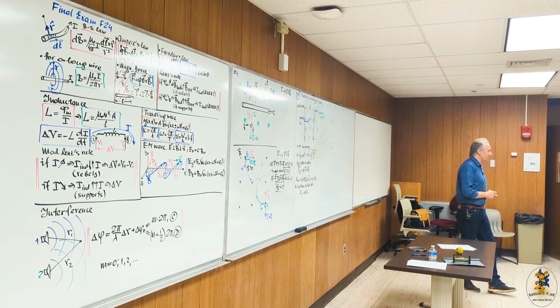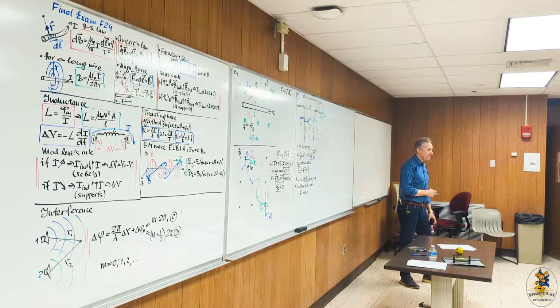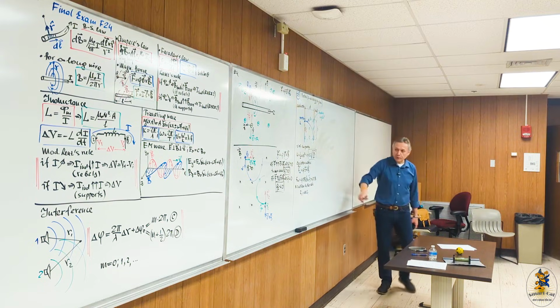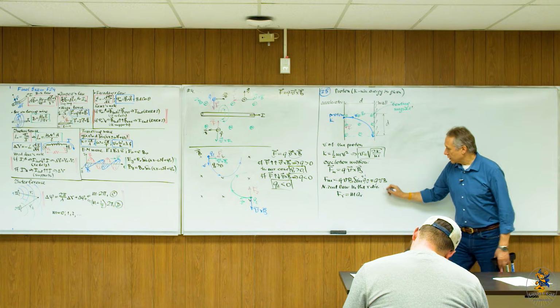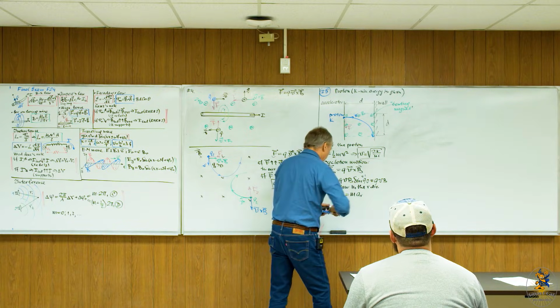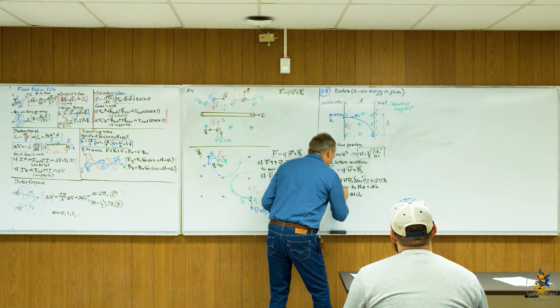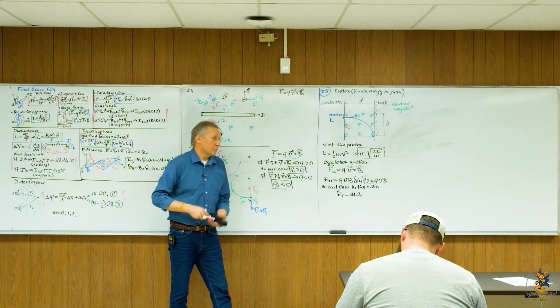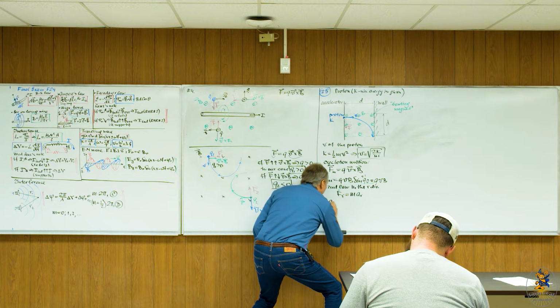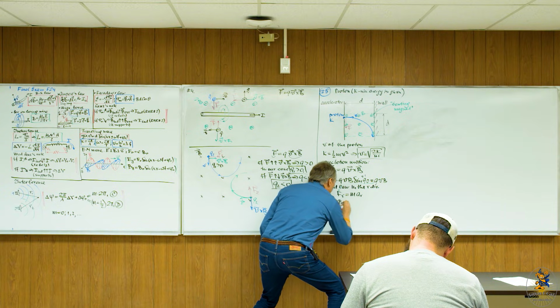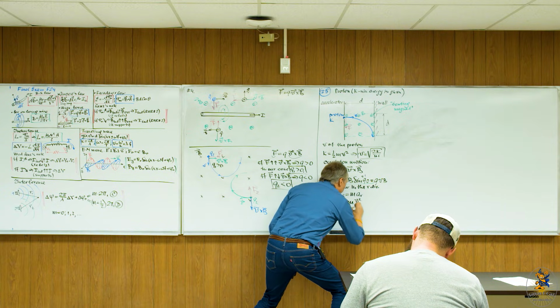Do you remember acceleration in the radial direction? Centripetal acceleration, of course. It's v squared over r. And the force, we just wrote. So this comes over here, and acceleration is centripetal. So you'll get qvB equals m v squared over r.